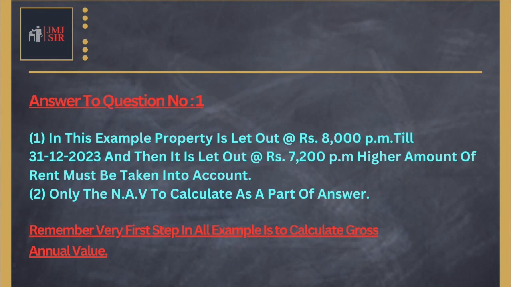So, for the whole year, we will take into account 8,000 per month, though it has been let out from the 1st of January at rupees 7,200 per month. And remember that only the net annual value is to be calculated for this answer.